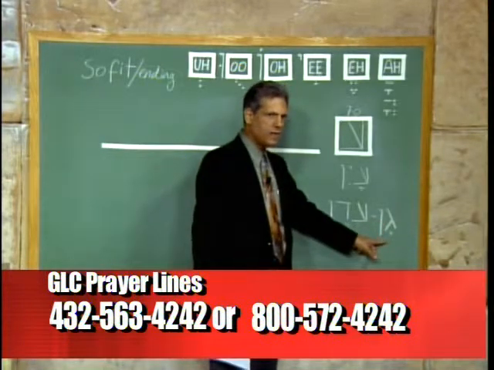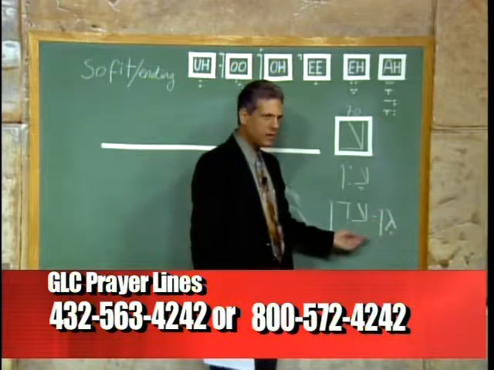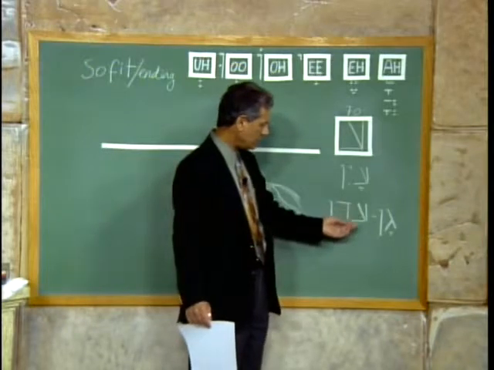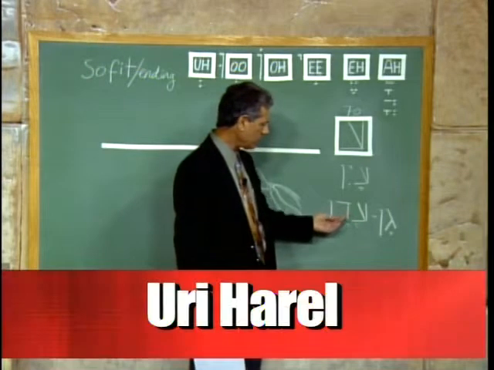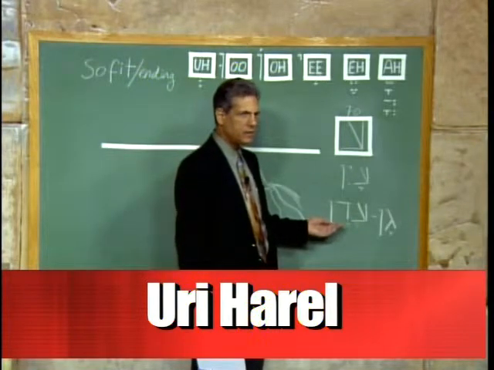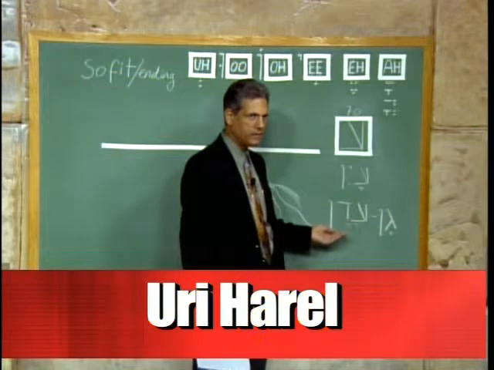Gimel with an A sound, Nun Sofit, ending Nun, is Gan, which is a garden. And Eden is an Ayin and a Dalet and a Nun Sofit. Eden was translated as Eden. So it's a Garden of Eden, Gan Eden.